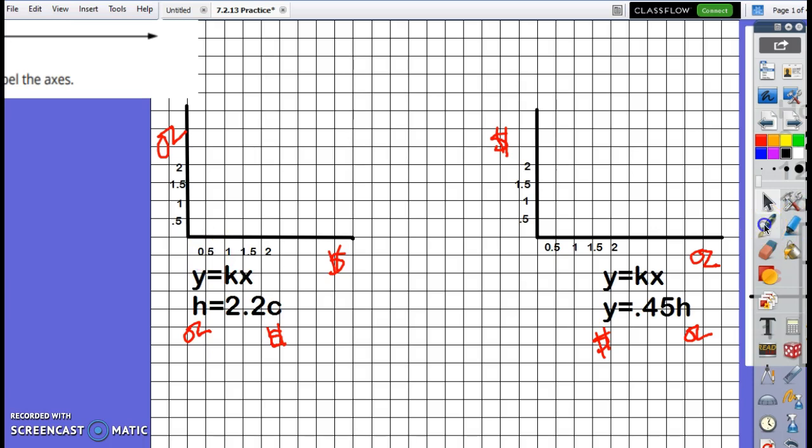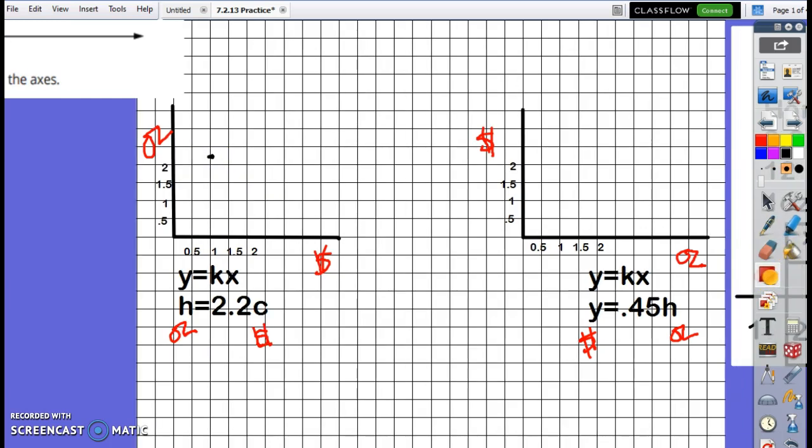So I'm going to plot the point where my cost is $1, then my honey is a little more than 2 ounces. So right about there, 2 and 2/10 ounces. And so we'll go ahead and just draw a line right there.